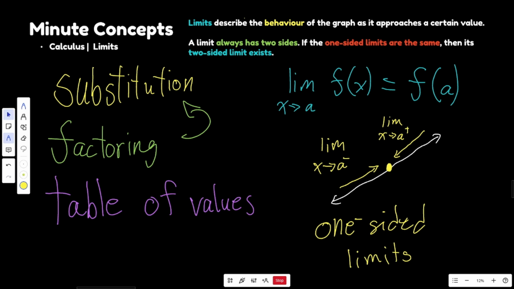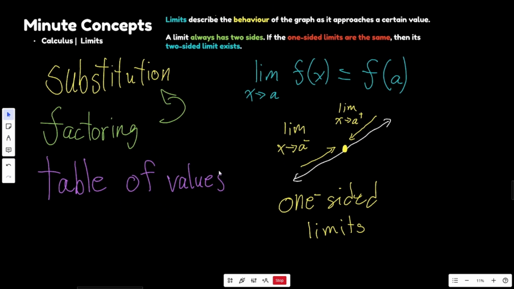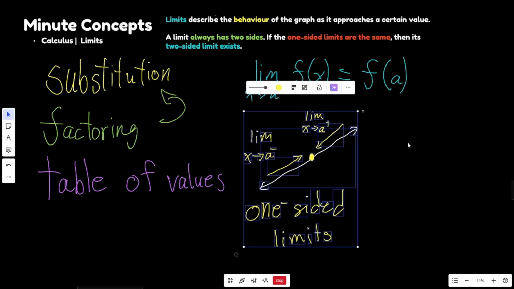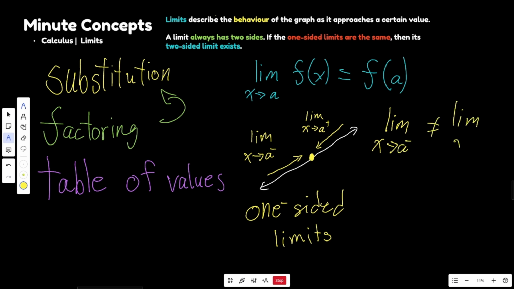Now, what is the condition here? Why do we have to get both of those limits? Well, of course, if they're not equal to one another, hold on, let me write it here. If the limit from the left is not equal to the limit from the right, then there is no two-sided limit.